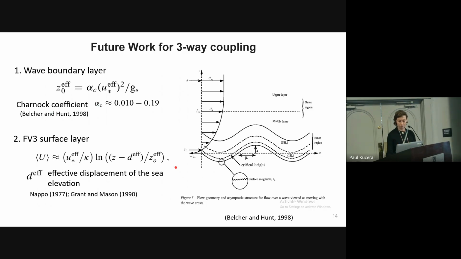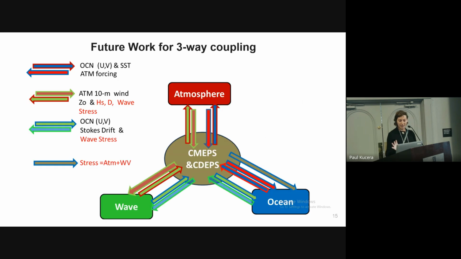The main idea is that HAFS is going to move into three-way coupling, which means all the different components talking to each other: atmosphere passing fields to the ocean model, atmosphere to the wave, wave to the atmosphere, wave to the ocean, ocean to the wave. So this is the future for HAFS.